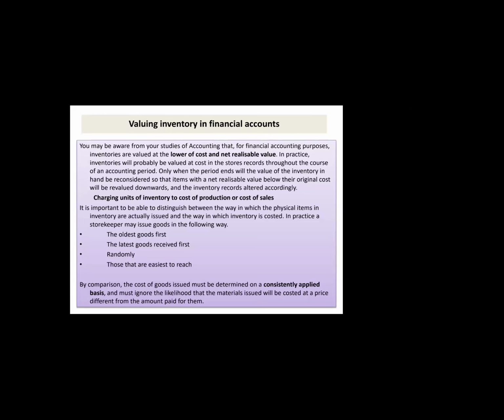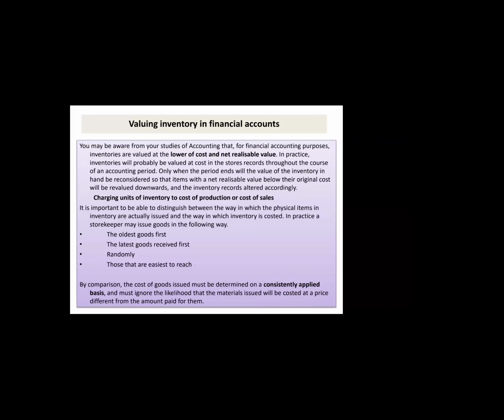So inventory, in an easy way, we can express as the product remaining unsold at the end of the year or end of the financial period. Whatever the product, it can be raw material, it can be work in progress, it can be finished goods.